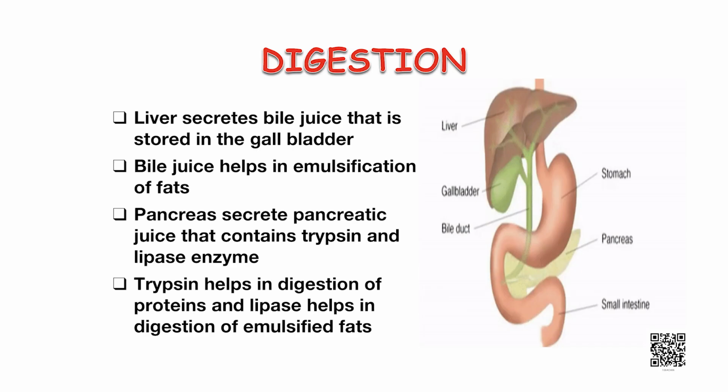This is also done by bile juice. The pancreas secretes pancreatic juice, which contains trypsin and lipase enzyme. Trypsin helps in the digestion of proteins, whereas lipase helps in breaking down emulsified fats.